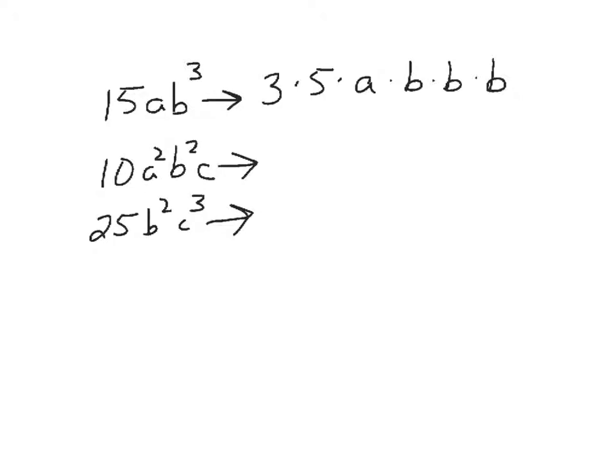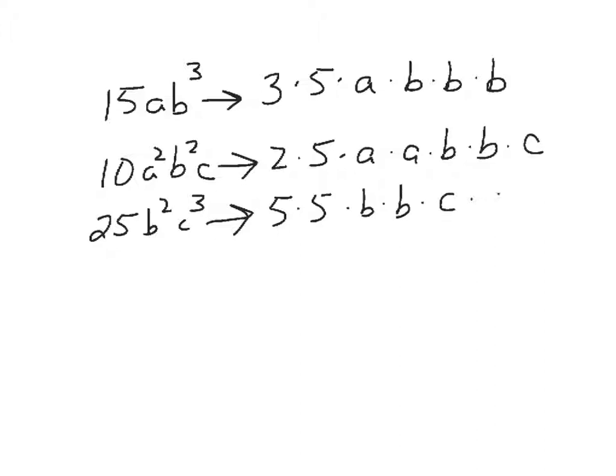If I factor the second algebraic expression, 10a squared b squared c, I could say that's 2 times 5 times a times a times b times b times c. The third one, 25b squared c to the 3rd power, is 5 times 5 times b times b times c times c times c. So now I'm trying to find the greatest common factor.